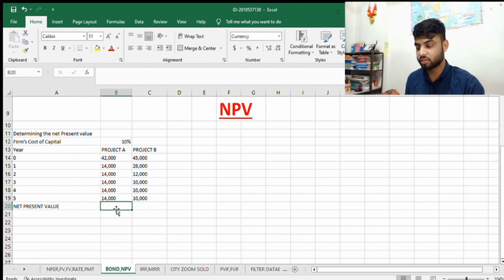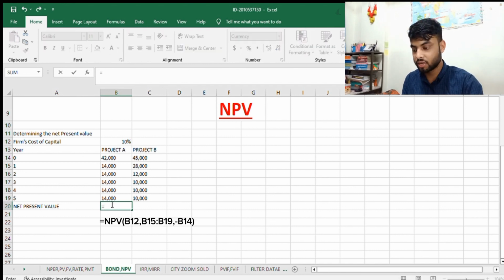For this, enter equal and the formula NPV, then start the bracket and enter the cost of capital, 10%. It's the same for both project A and project B. Then enter the values for years 1, 2, 3, 4, 5.